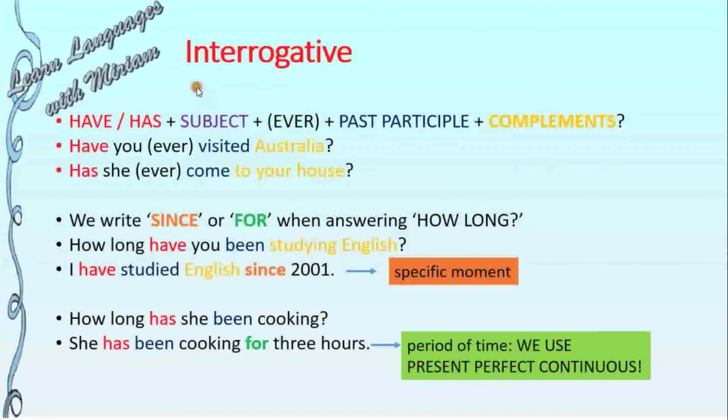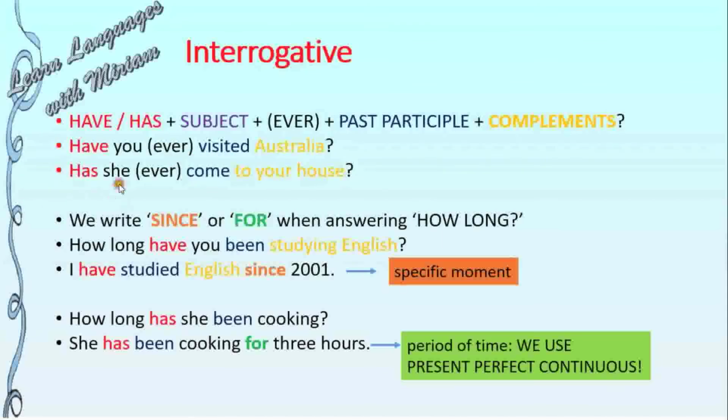How do we build the interrogative sentence? We start by have or has, then the subject, then we can use ever or not, then the past participle, and then the complements. For example, have you ever visited Australia?